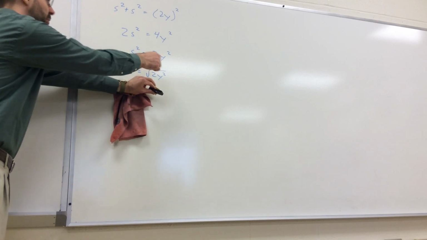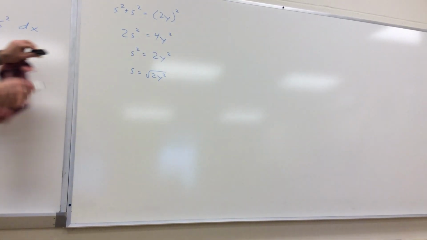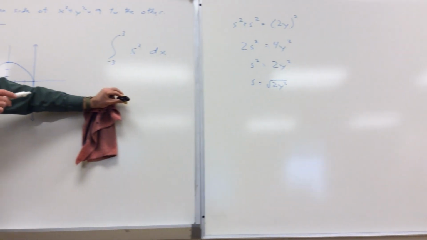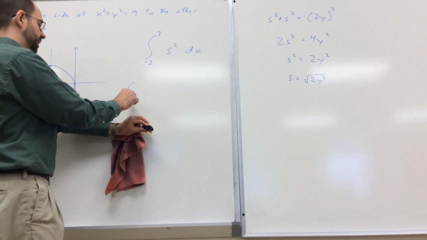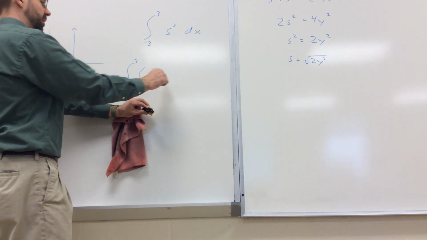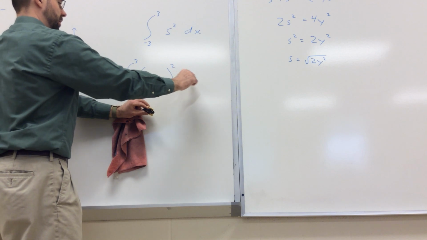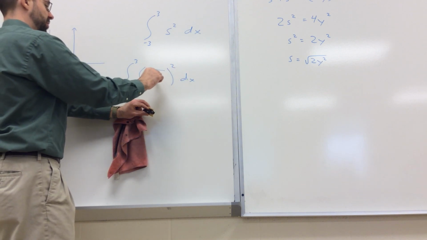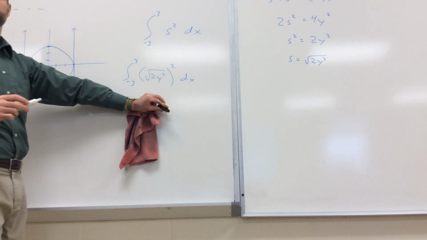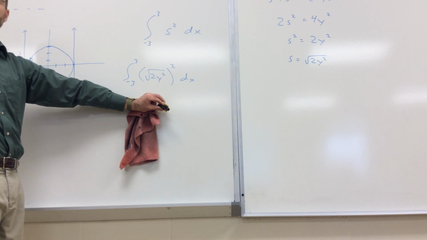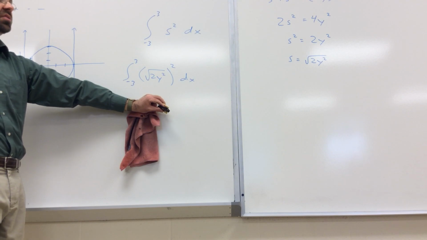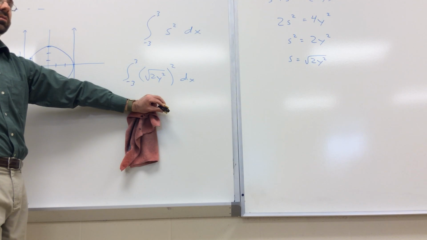So now I can take that formula for s and plug it in there, right? So integral from -3 to 3 of the square root of 2y squared, squared. So are we using the s squared? Because that's the area of a square.